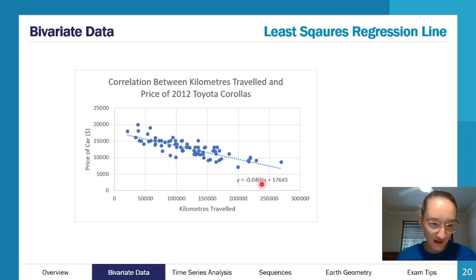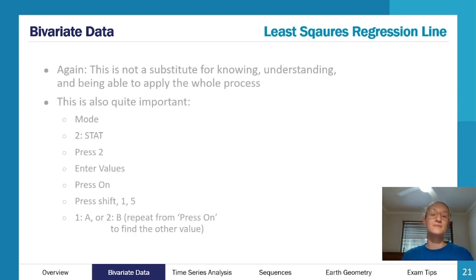It depends on the unit we've used. Probably 4 cents, I think, if I am interpreting that correctly. But again, it's negative. So for every 1 unit increase, my response variable is dropping. So for every kilometer the car travels, it drops in value.